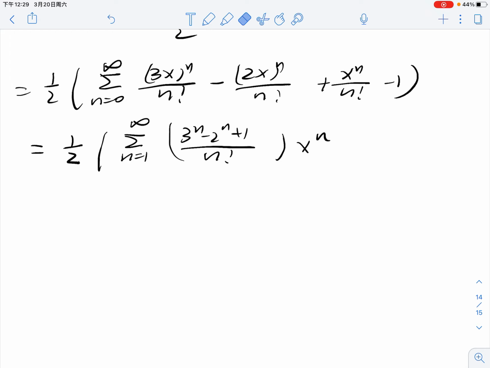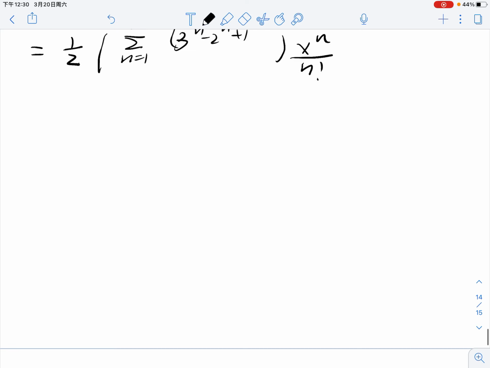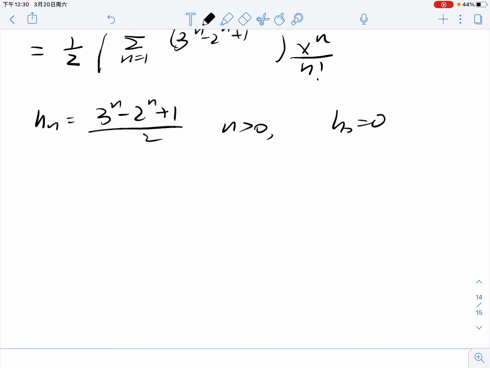Or if you don't like, you can move n factorial to this side. Therefore, H_n is (3^n minus 2^n plus 1) over 2, and H_0 is 0.